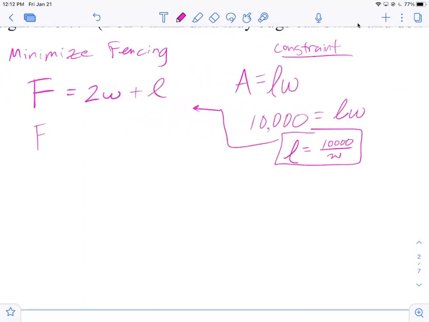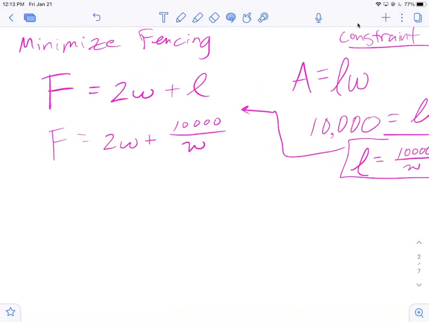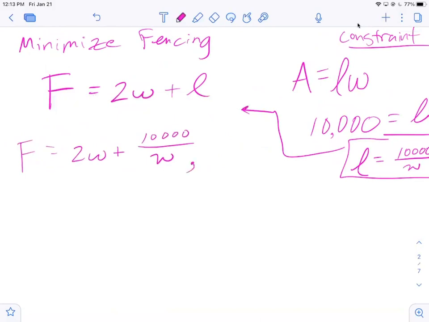So then I get the amount of fencing is going to be twice the width plus the length, which is 10,000 over W. So now if you want, you could actually call that F of W. It is a function of a single variable. This is also the time where we get our relevant domain. So we can typically put a comma.